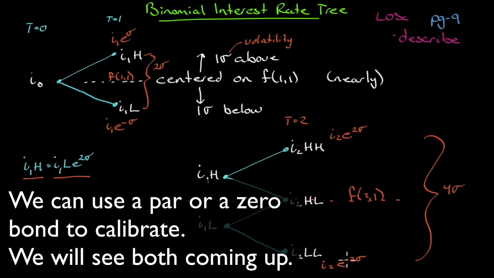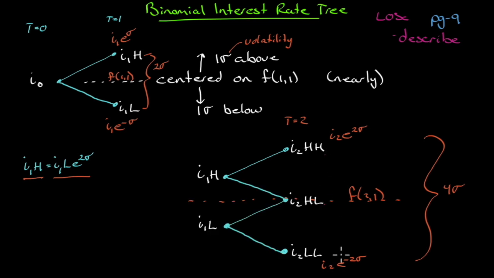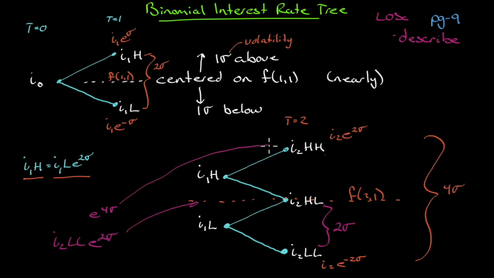So once we modify this, we would like this rate and this rate to fill in on its own. We don't want to have to modify this and keep guessing as to what these are. Well, we know that there is a relationship of 2 standard deviations. So to get the high-low and the high-high, we just take I2 low-low, multiplied by e to the 2 sigma will give us this rate, and multiplied by e to the 4 sigma will give us that rate.